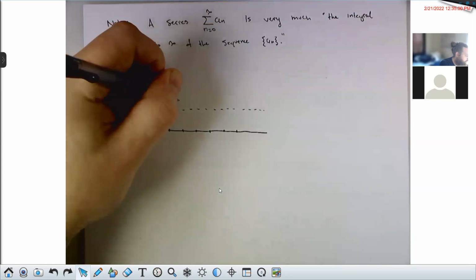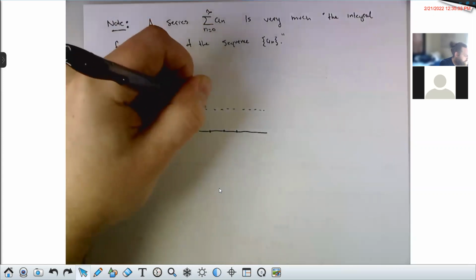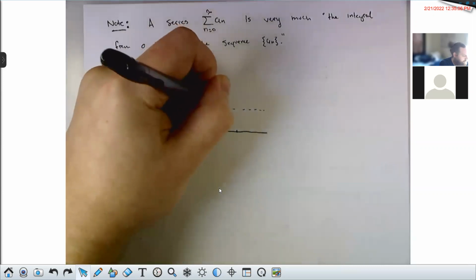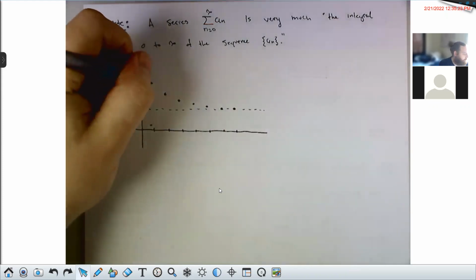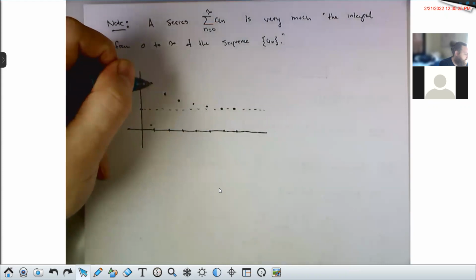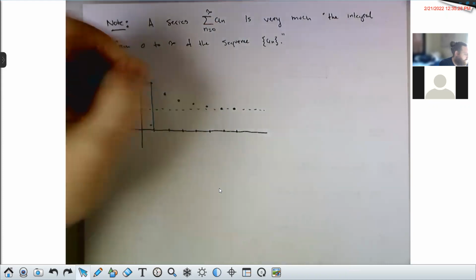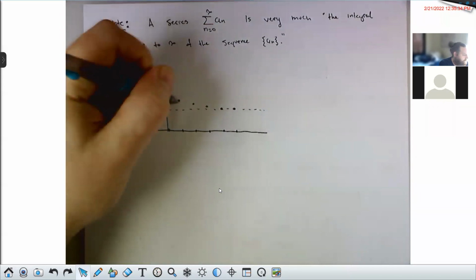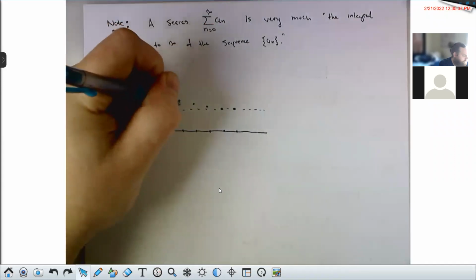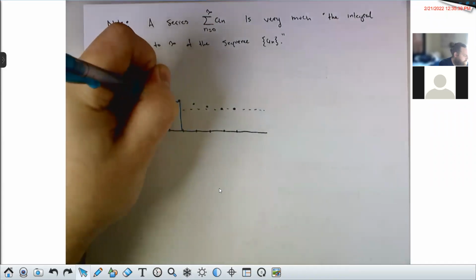With terms getting closer and closer and closer to L. The sense in which this series is very much the integral of that sequence is that if you plop some rectangles down in here, again, think like Riemann sums, where the height of each rectangle is determined by the value of the sequence.